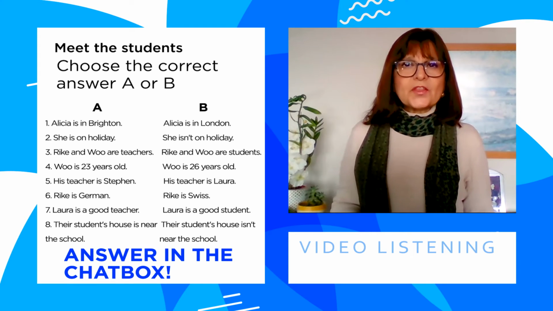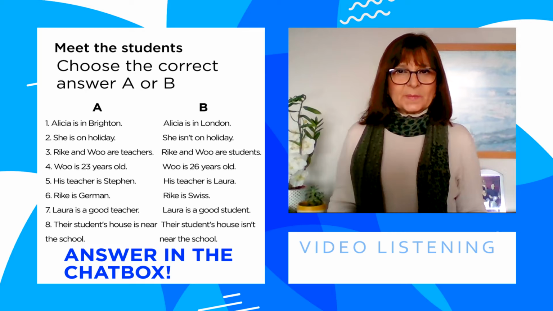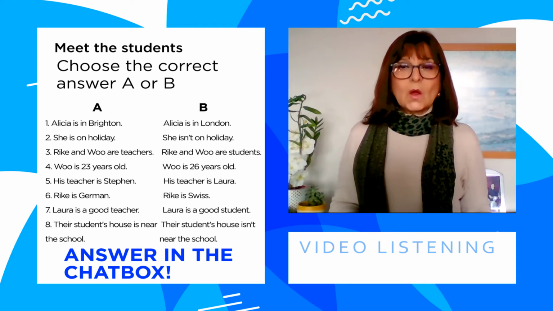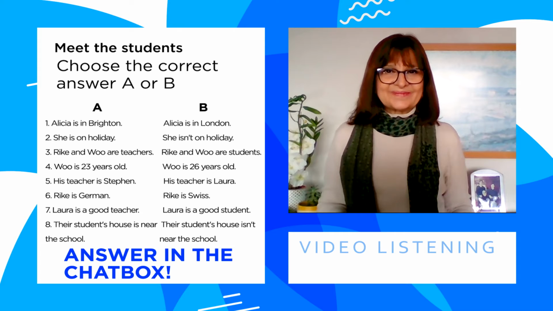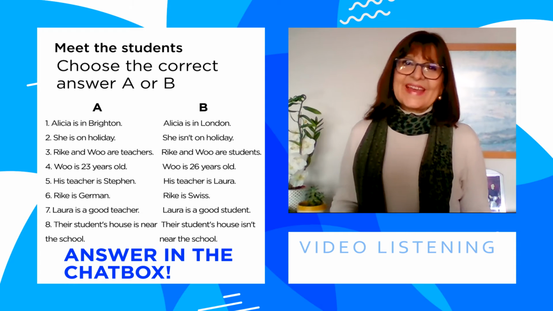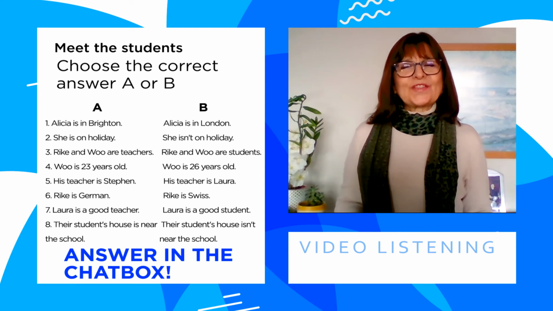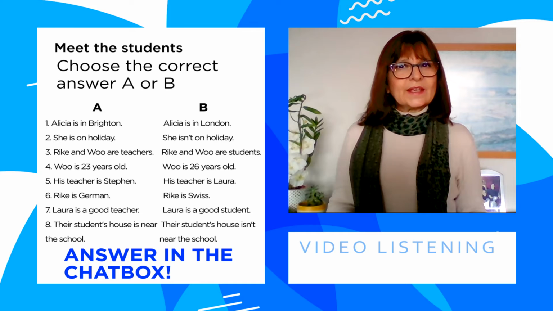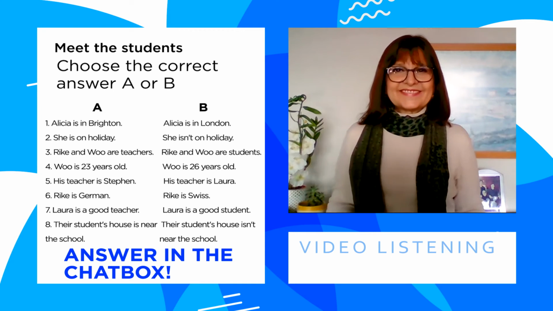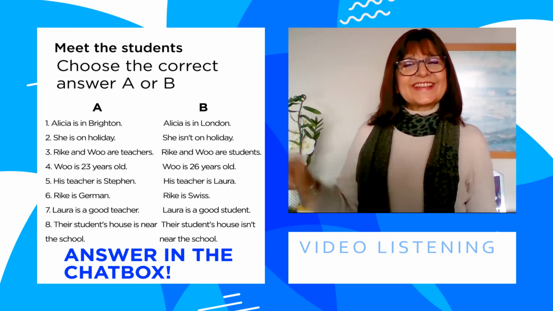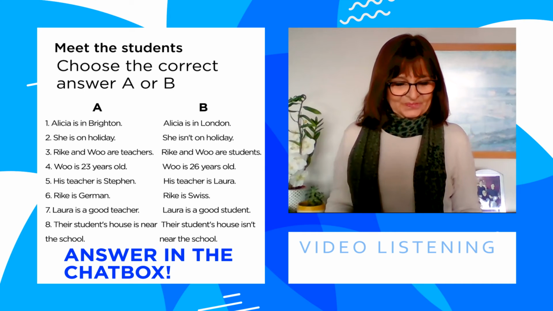Wu is 23 years old. B. Wu is 26 years old. A or B? What do you think? Is he 23 or is he 26? Make your decision and write it in the chat.